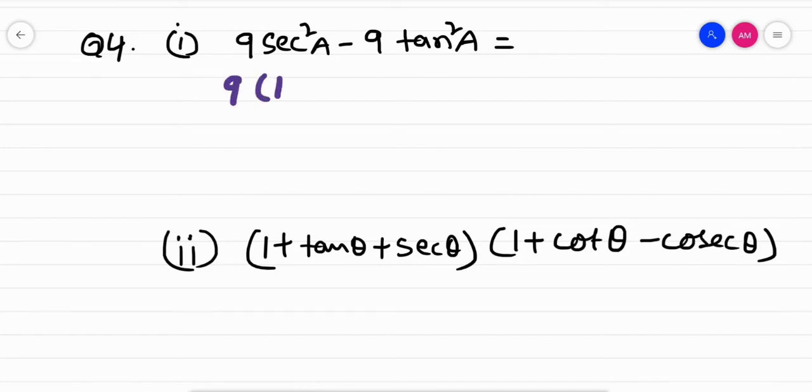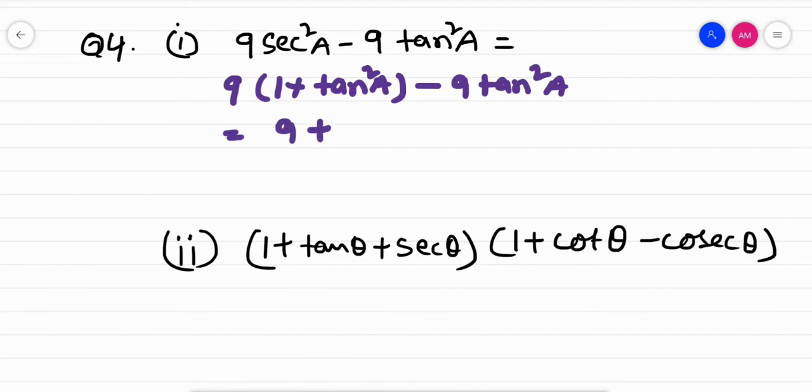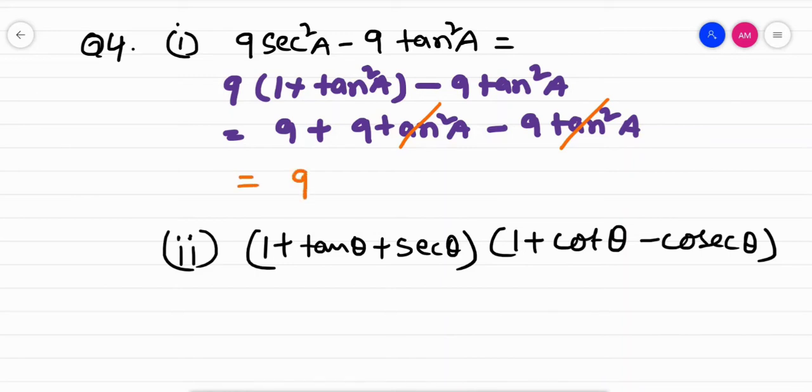See, 9 into (1 plus tan square A) minus 9 tan square A. So this will become 9 plus 9 tan square A, then minus 9 tan square A. Now see here, 9 tan square A and minus 9 tan square A will be crossed off. So you are left with 9. So here your answer will be 9.